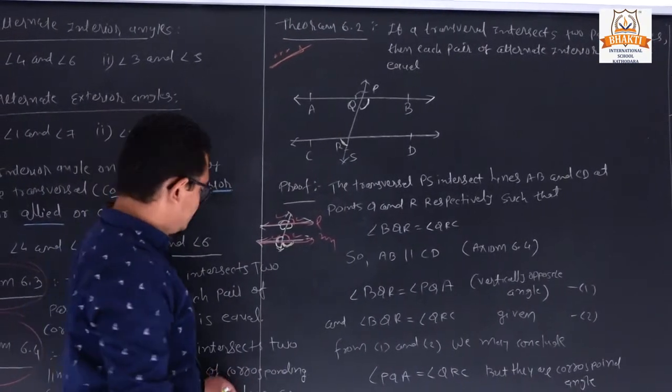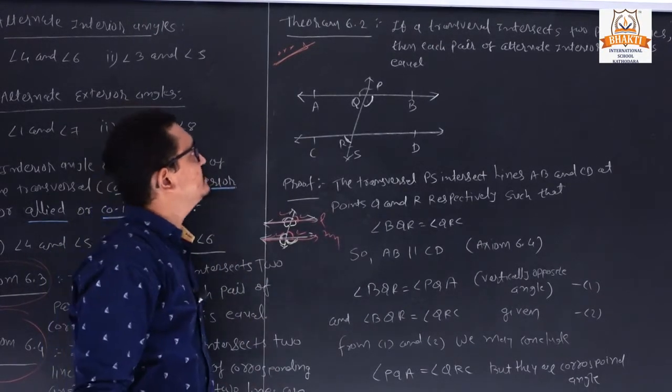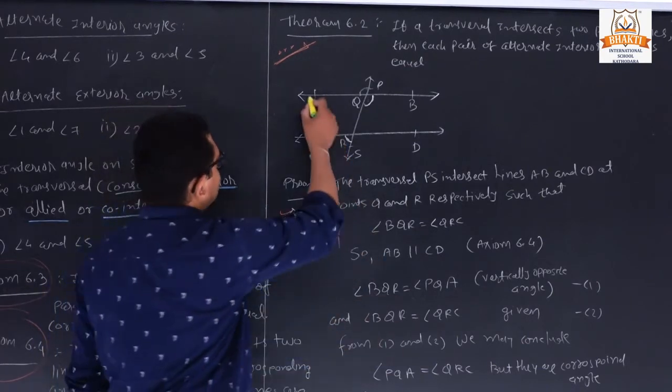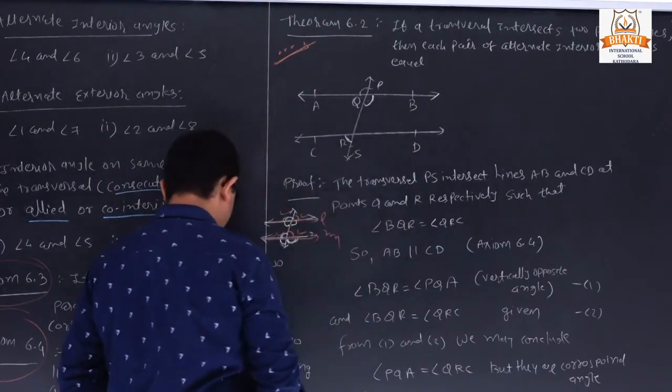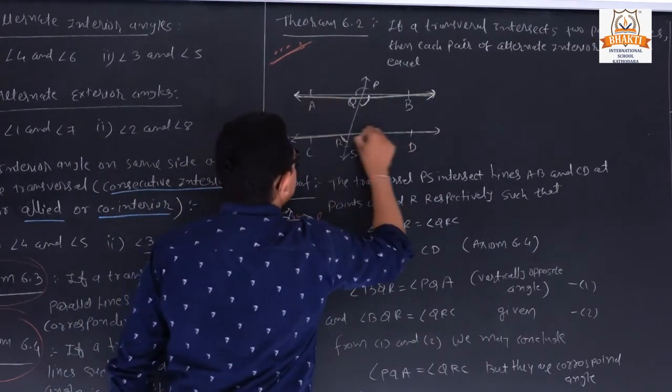Now next we have one theorem, 6.2. In theorem 6.2, first of all we can read its sentence: if a transversal line intersects two parallel lines, here we have two parallel lines, AB and second CD.